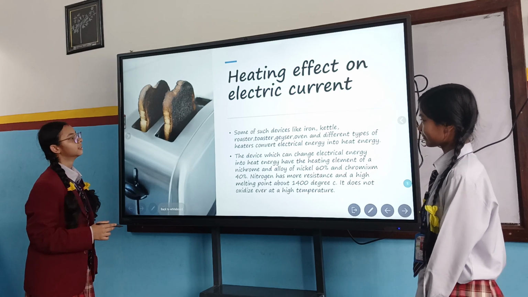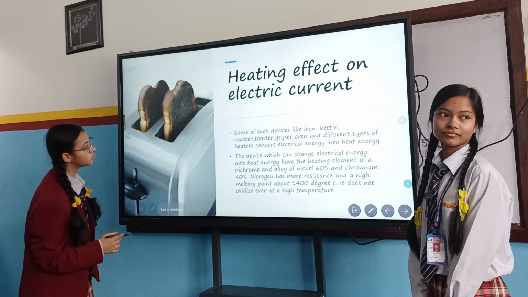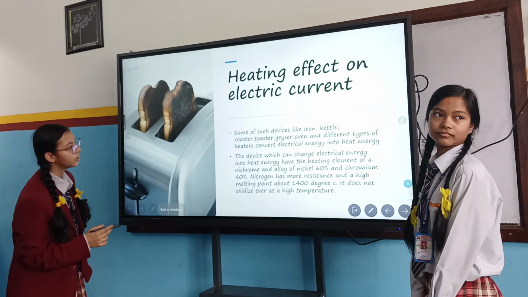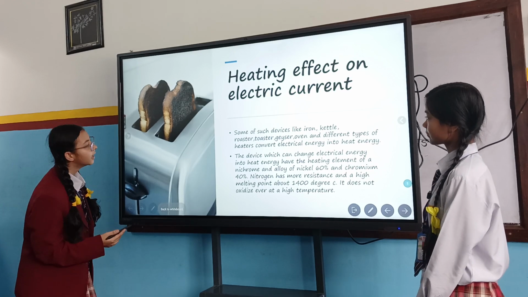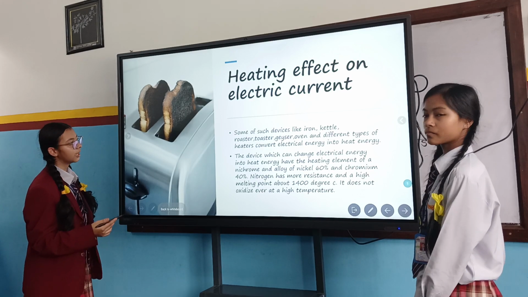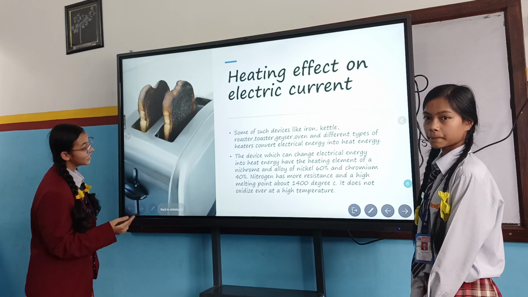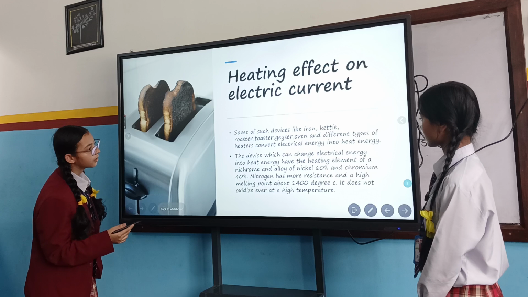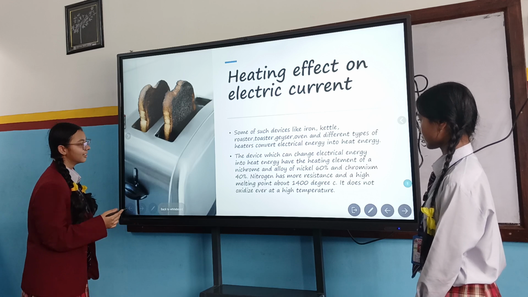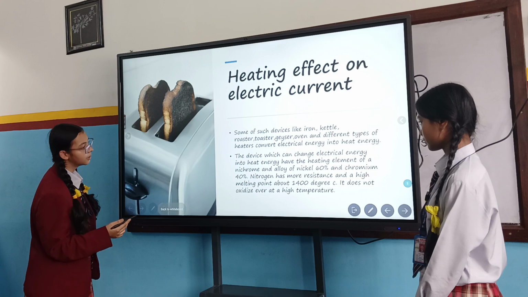Continue. Some of such devices like iron, kettle, roasters, toasters, geyser, oven, and different types of heaters convert electrical energy into heat energy. The devices which can change electrical energy into heat energy have heating elements of nichrome, an alloy of nickel 60% and chromium 40%.